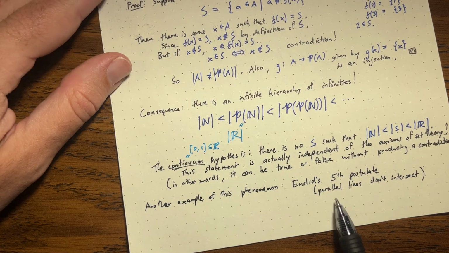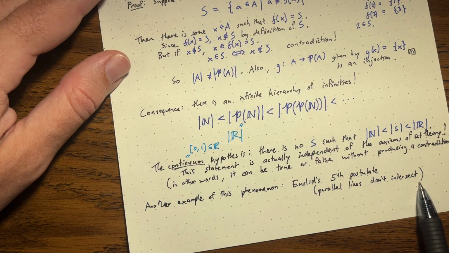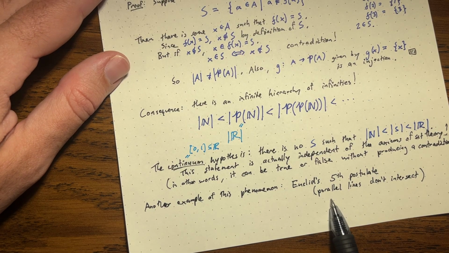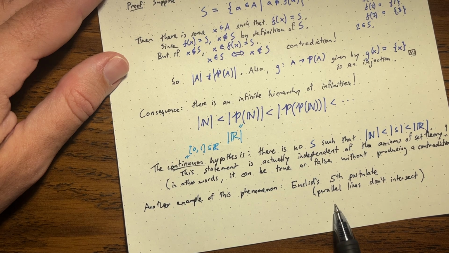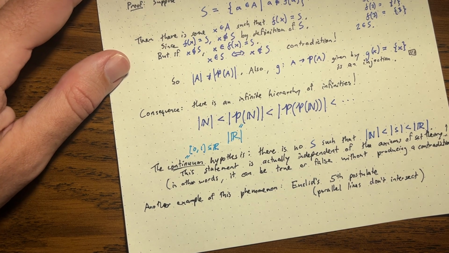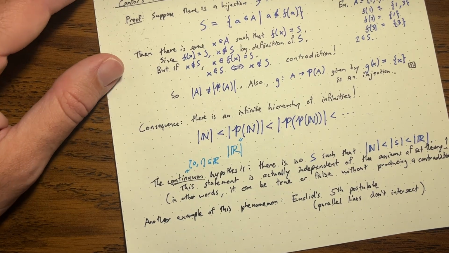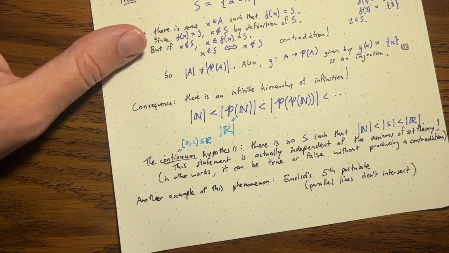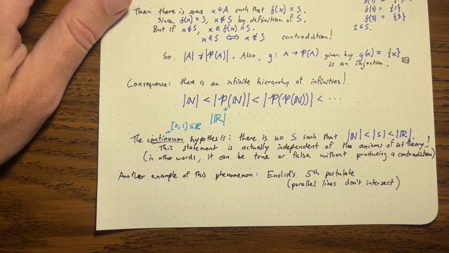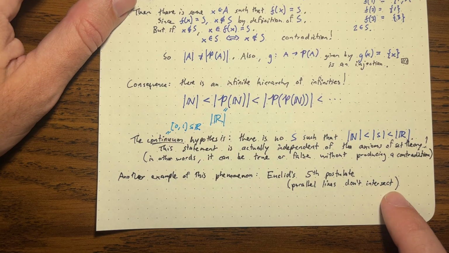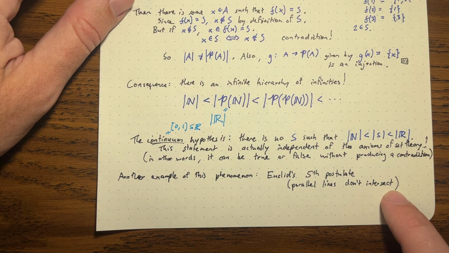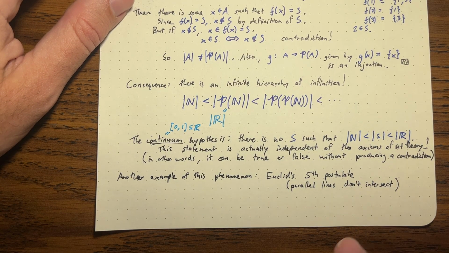And what people realized is that this fifth postulate really does need to be a postulate. People tried to prove it from the first 4 postulates and failed. And it turns out you cannot do that. So it's a postulate, and in fact, it's not always true.